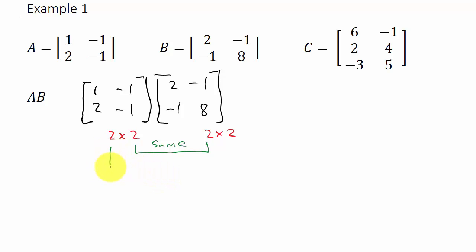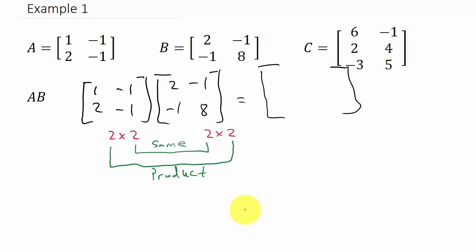And the two outside numbers are the dimensions of your product matrix. So our answer is going to be a 2 by 2. That's the dimension of our product matrix.